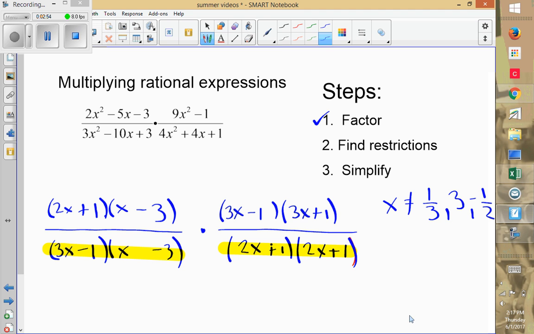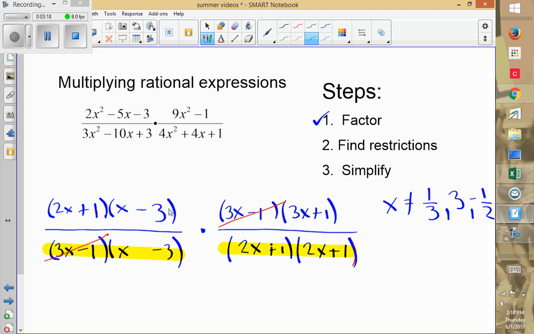So now the only thing that we have left is we're looking to see what will cross off in terms of a common factor. This is multiplication, so technically we are multiplying straight across the numerator and straight across the denominator. So if I have a factor over in the first fraction that can cross off with the second fraction, that is okay.